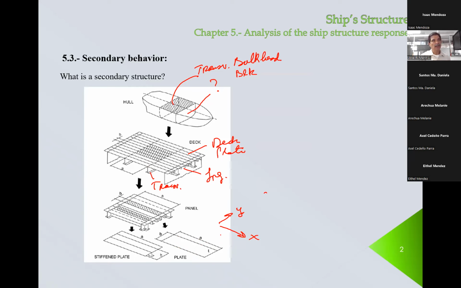In what direction would you expect larger normal stresses in the plate, in the X or in the Y direction? Mr. Pesantes, what do you say? X or Y in the plate? Mr. Pesantes, what would you expect? Larger stresses in the Y or in the X direction?